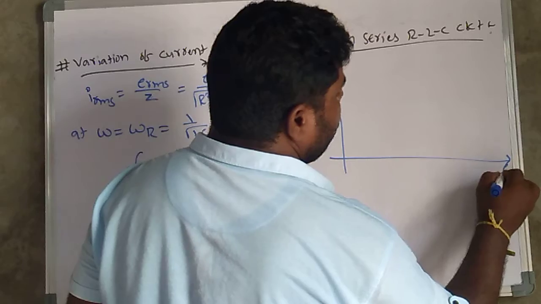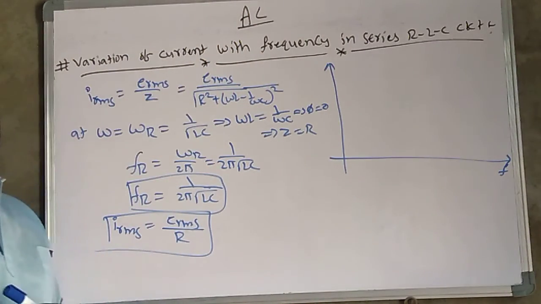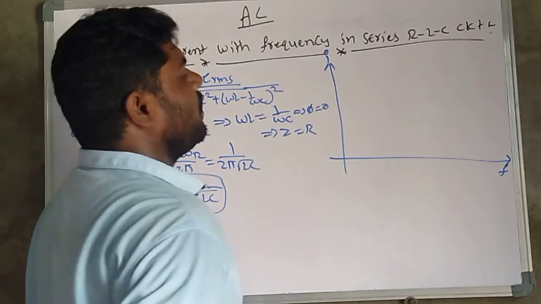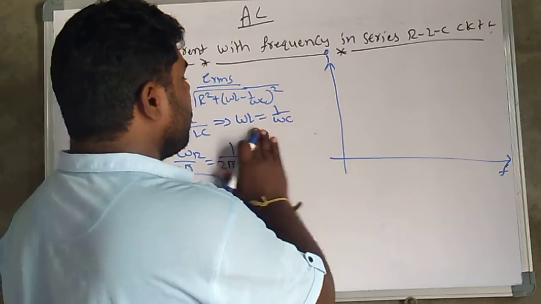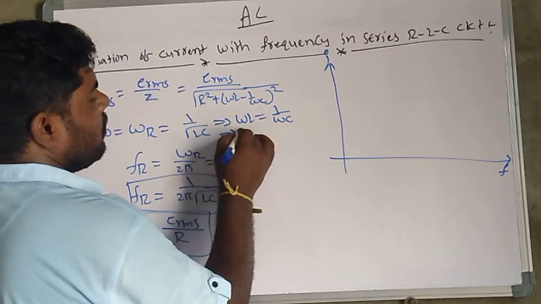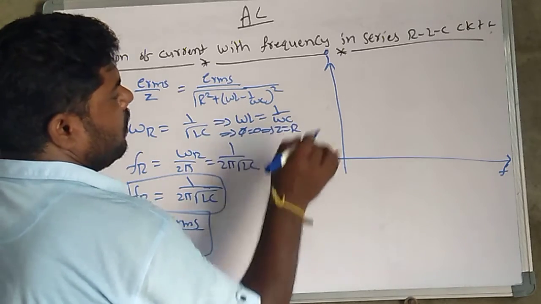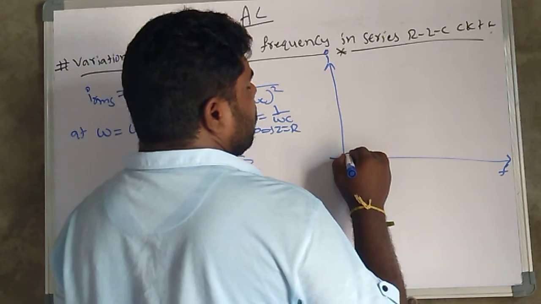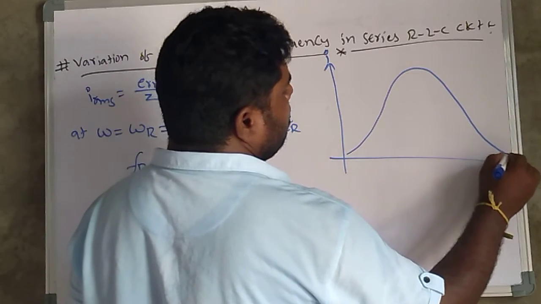Here the frequency is on the x-axis and the current is on the y-axis. Here phi is equal to 0, which implies Z is equal to R. With respect to frequency, the current increases up to some level, and after that decreases, like this.